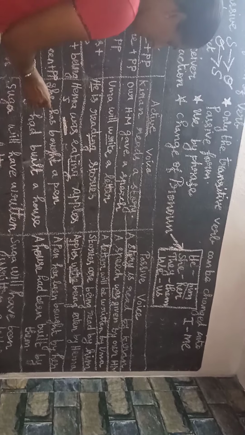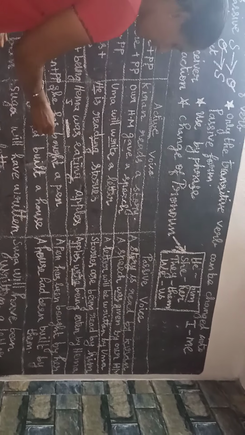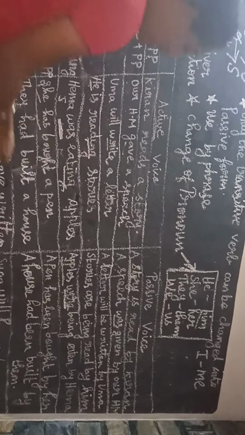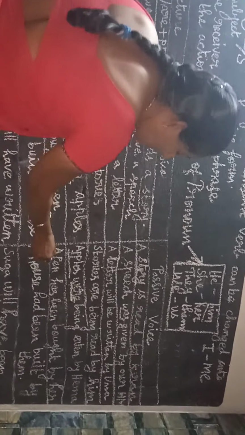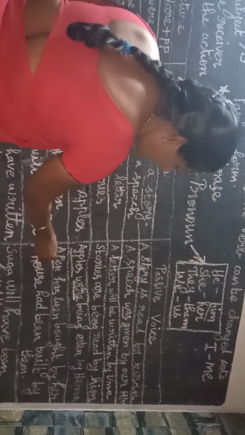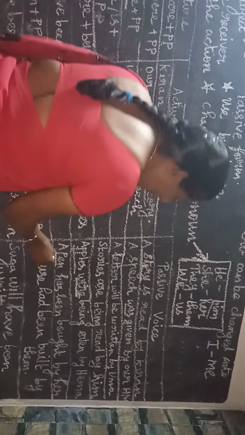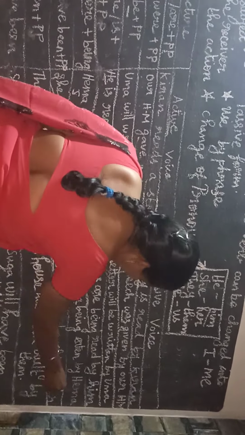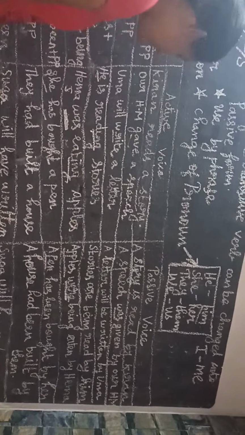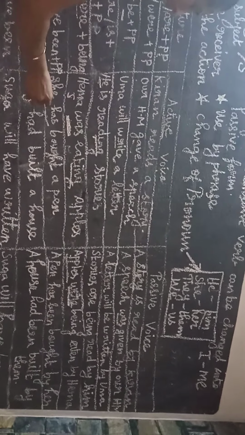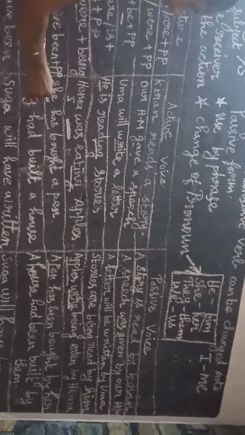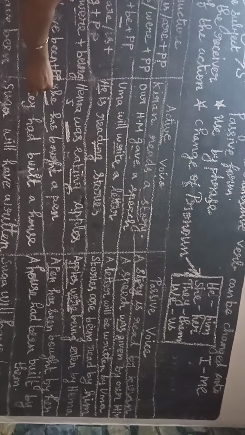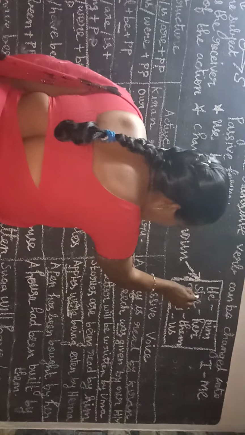She is a singular subject, so we are using has. Here, a pen is also a singular subject, so we are using: a pen has been bought by her. I already told that instead of the pronoun she, we have to use her.